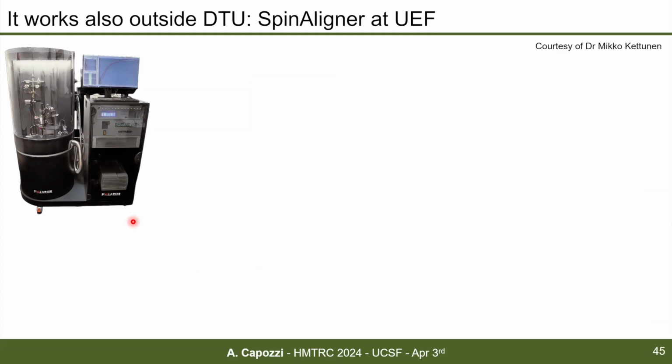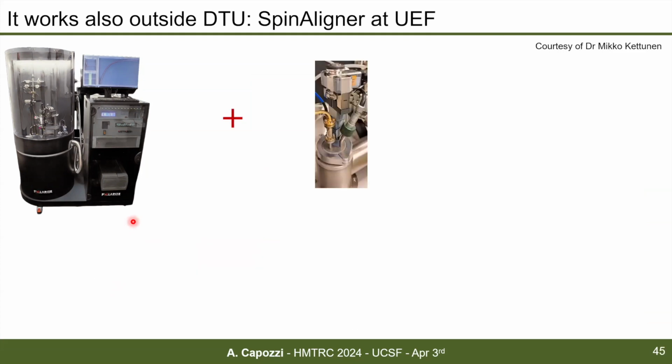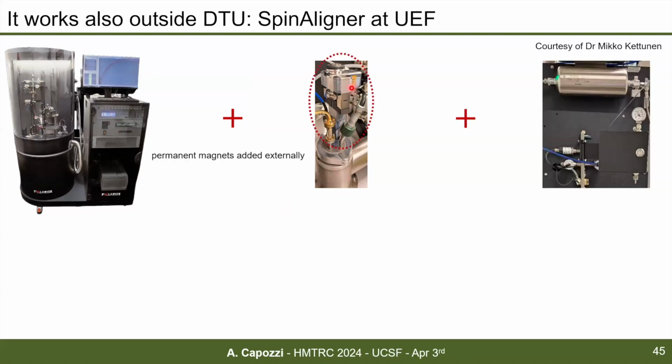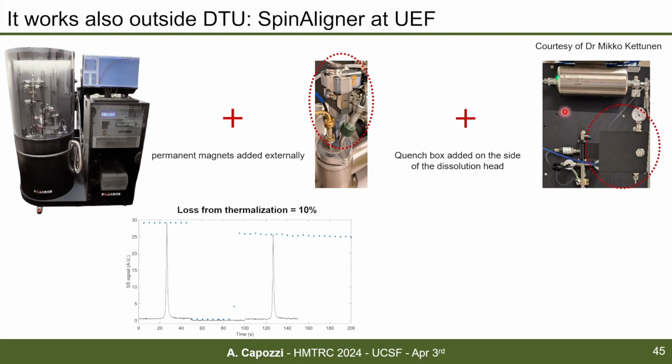And just before UCSF, we performed an experiment just by adding some permanent magnets on the spinal liner probe, but outside. And we added the quench box, so what delivers the helium gas on top of the spinal liner. And the experiment was successful.